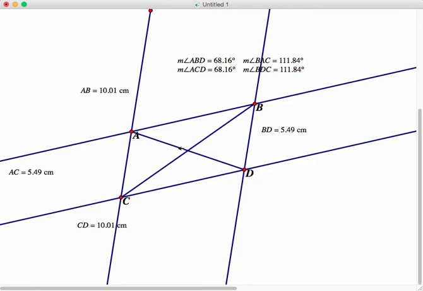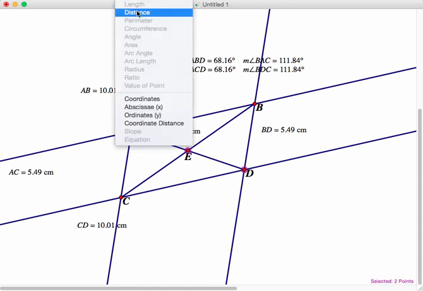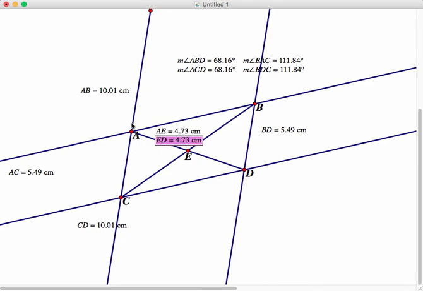But what I notice is these two sides look to be exactly the same. So if I put a point right here at the intersection of AD and BC, I'm going to measure the distance from A to that point, and I'm going to compare it to the distance from that point E to point D, and sure enough, they're the same.